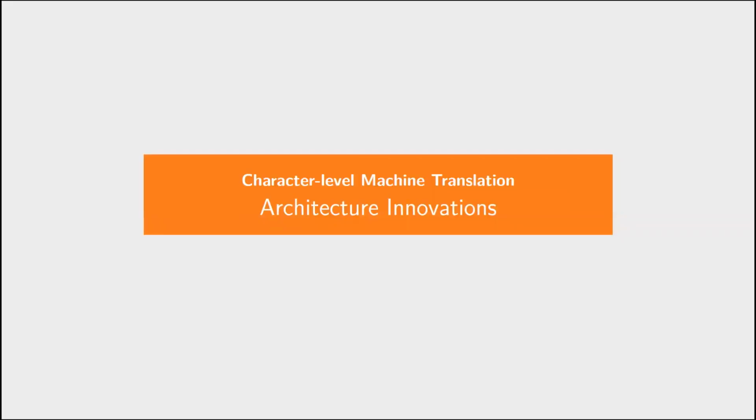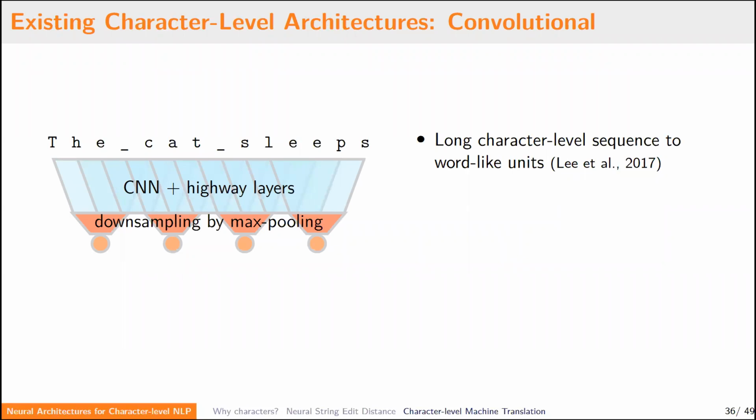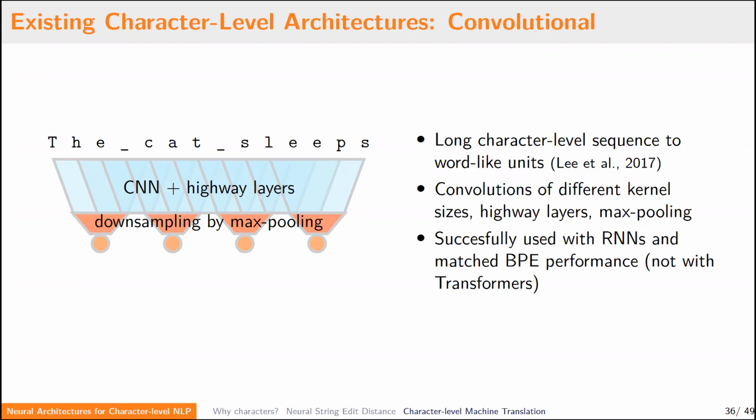And this led us to the experiments with different character level architectures. The one we started with is a pretty old architecture from 2017, which is one of the first experiments done with character level machine translation. And it uses convolutions of different kernel size, then something that's called highway layers, which is then followed by max pooling.